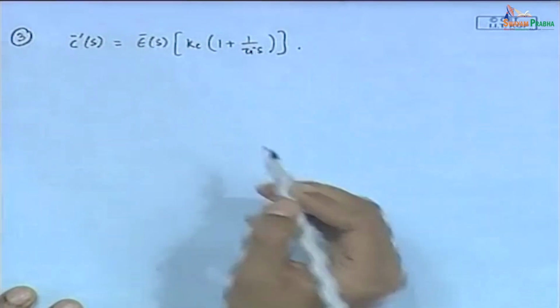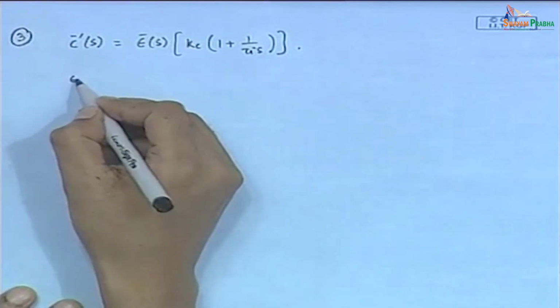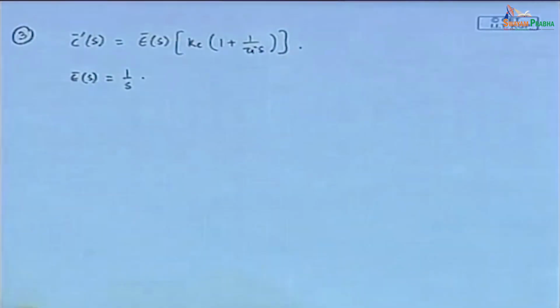Now, we will consider a unit step change in error signal. That means epsilon bar S equals 1 by S.